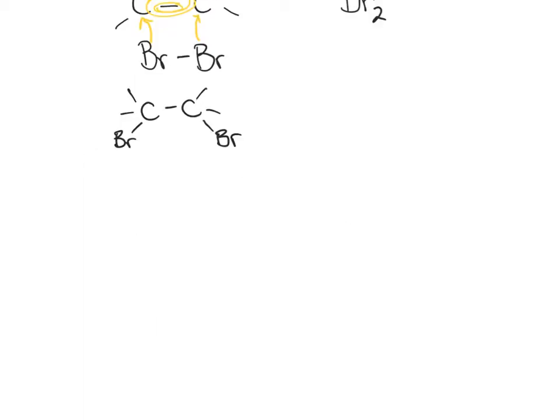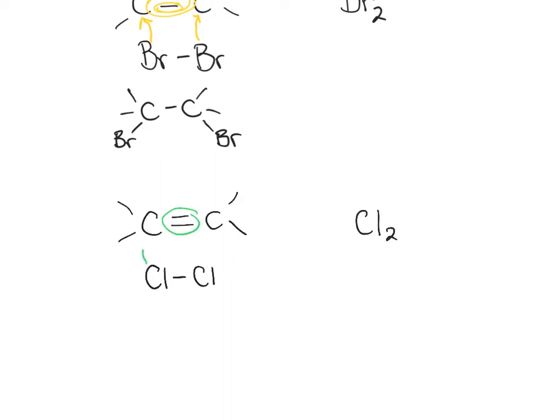Okay, so if we go for a third example, again we'll draw our carbon to carbon double bond, and we've got whatever's attached to it here, and this time we're going to react it with Cl2. So again, same as we did with the bromine, we've got a chlorine atom single bonded to another chlorine atom, and this double bond is going to break.